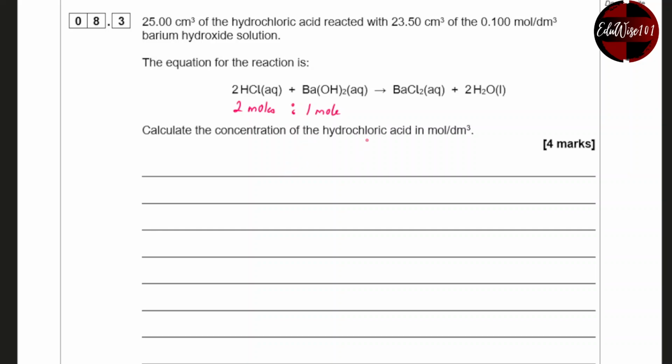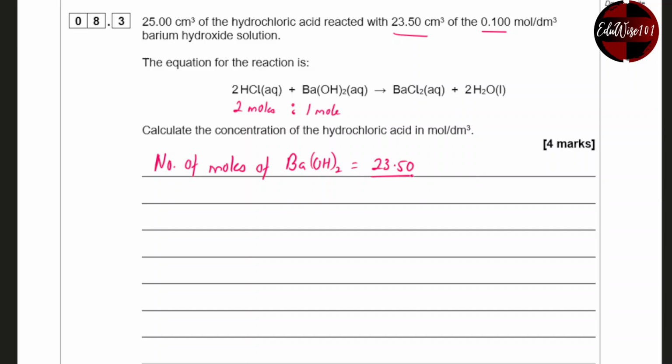So we are using 23.5 cm³ of 0.1 mol/dm³ of barium hydroxide. So let's find the number of moles in that volume of barium hydroxide. So number of moles of barium hydroxide is equal to 23.5, that's in cm³.